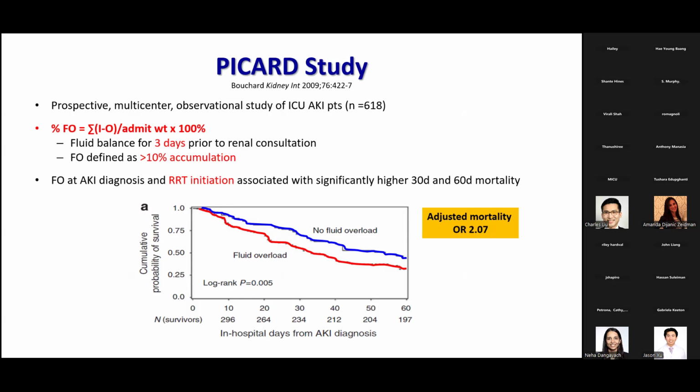And as you can see, in the Kaplan-Meier, there is a clear separation of the lines since early on after this time zero of evaluation, and the adjusted mortality rate is about twice the risk of increased 30 and 60-day mortality.